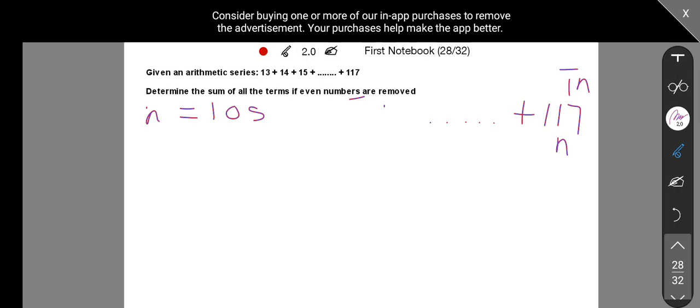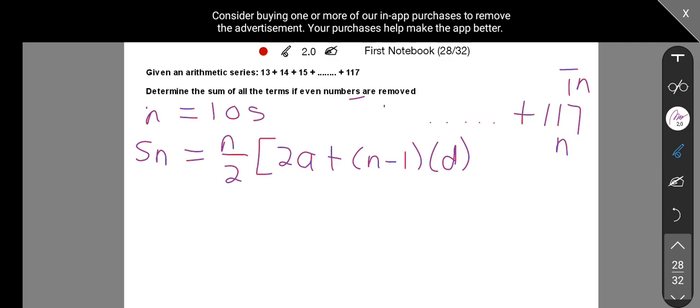I hope you understand this. So we're going to find the sum of all the terms. Because it's an arithmetic series, we write the formula: the sum is n over 2, then in brackets 2a plus n minus 1 multiplied by the difference.